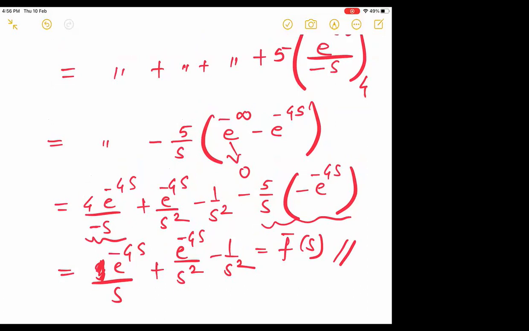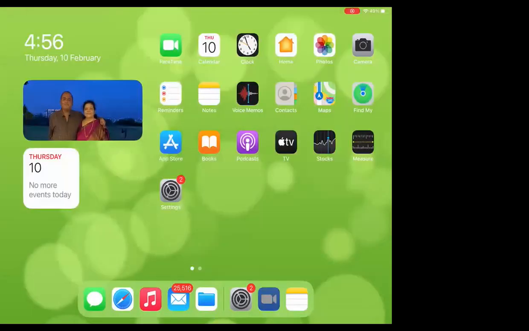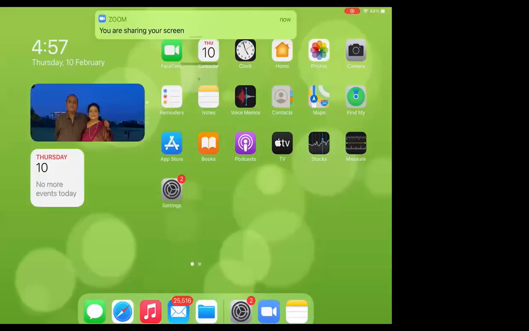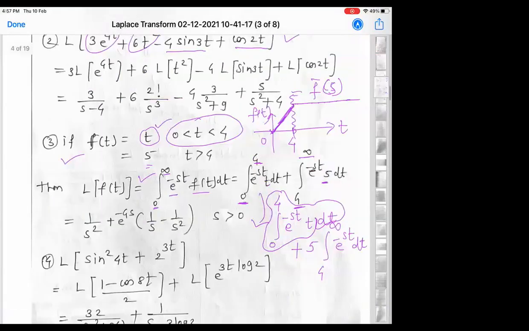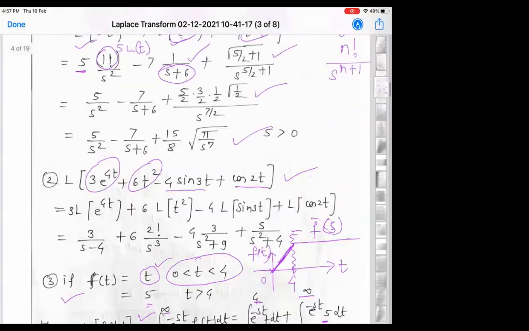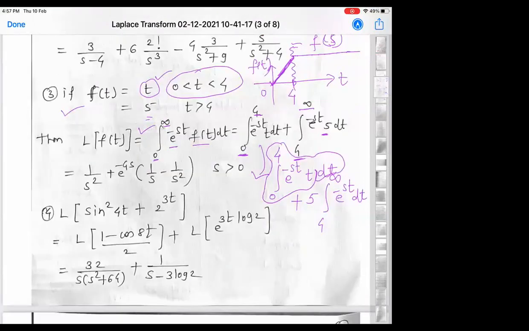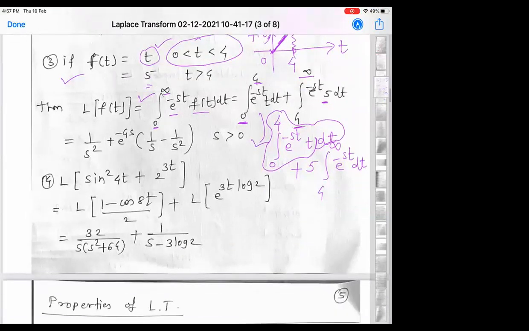Okay, so this is there in this PDF which is already loaded in Google Classroom. So this example we have seen. Likewise, the other expressions are given.